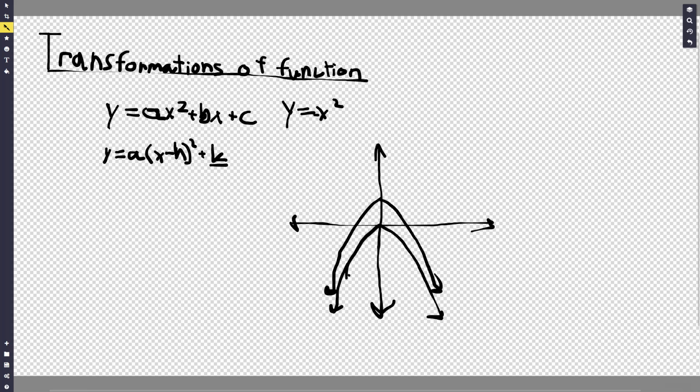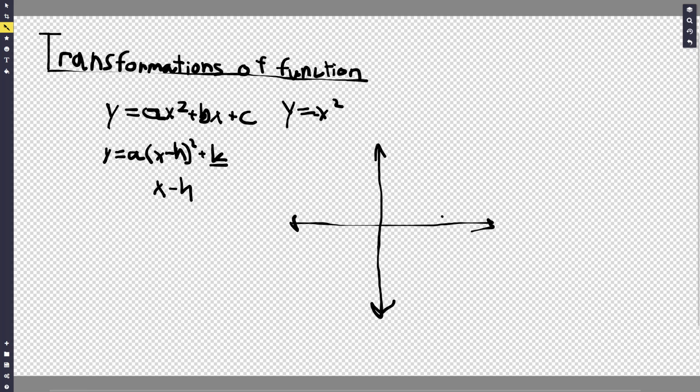Now with the next one, h. The h is how far left or right you move your function. And you're like, okay, well, why is it minus h, not plus h? Well, when you have minus h, you move right, and when you have plus h, you move left. So it's just easier to write it as x minus h.